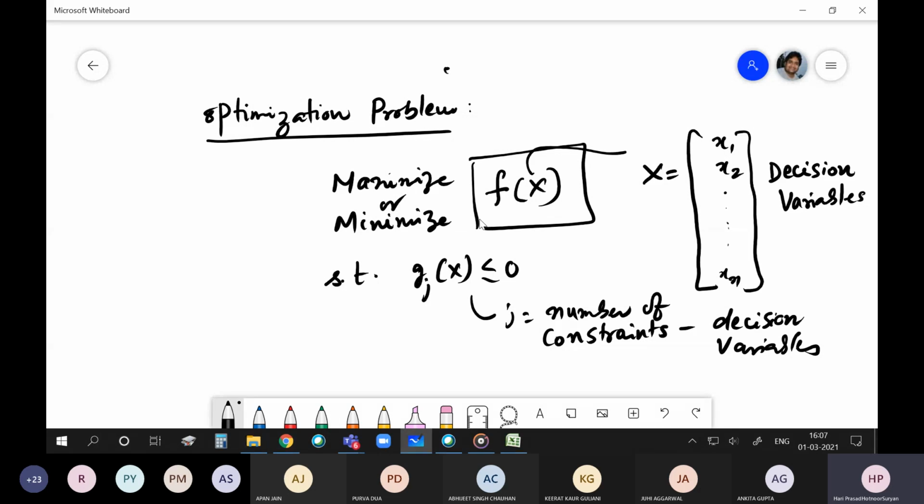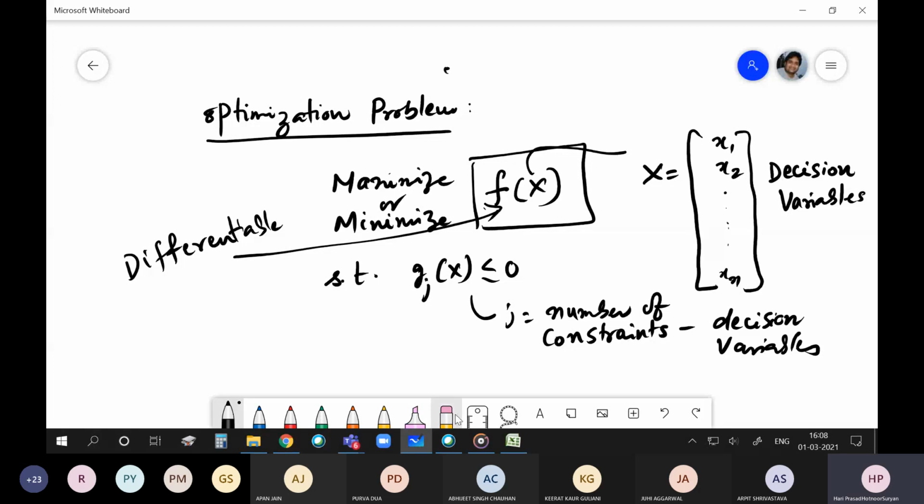The first one: if the objective function is differentiable, that means I can differentiate this function, then we can go for calculus based techniques, where we can use calculus to find out the optimal values.